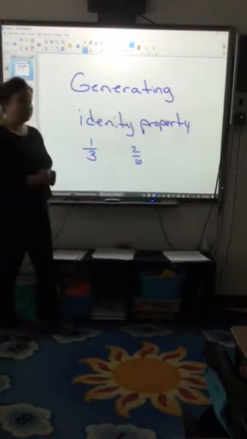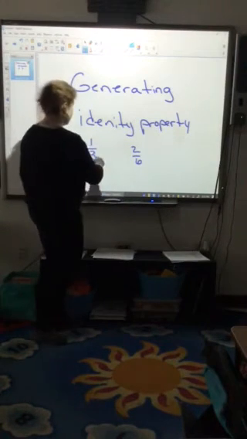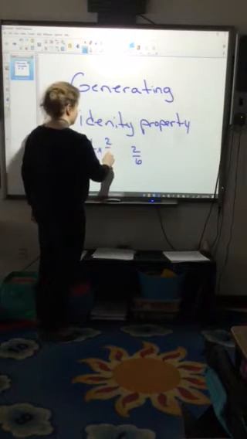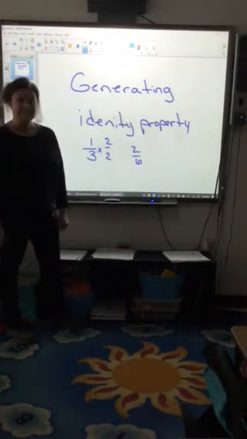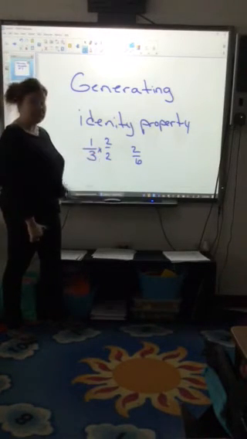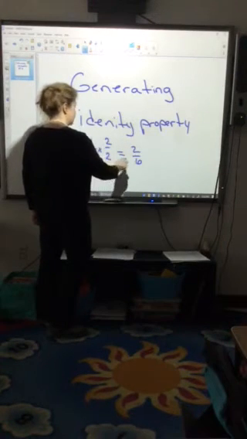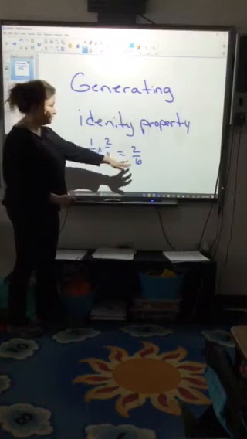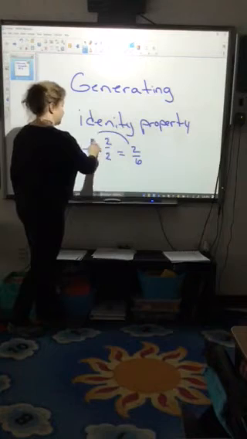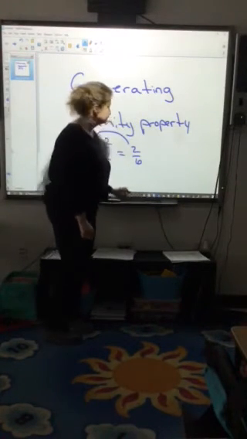I can change 1/3 to sixths by using the identity property, which would be whenever my numerator and denominator are the same, then I know that I'm multiplying by 1 and I get the same number. So 1 times 2 equals 2, 3 times 2 equals 6. So of course 2/6 is the same as 1/3. So that is generating equivalent fractions.